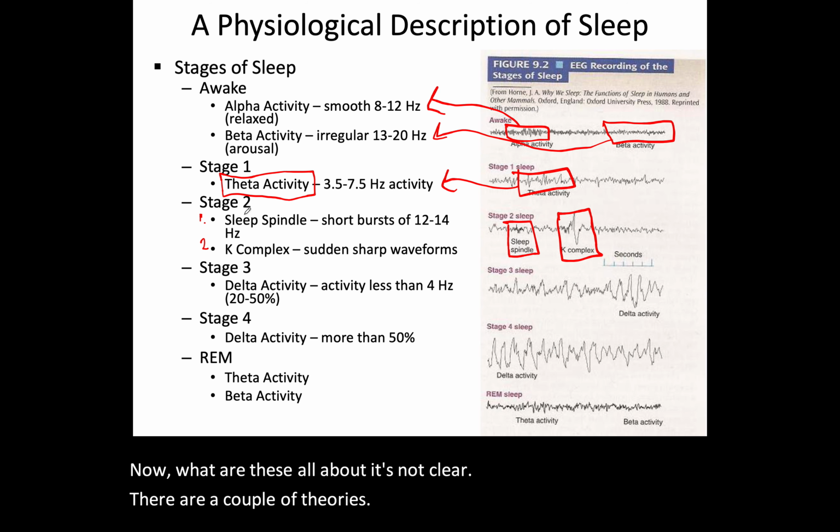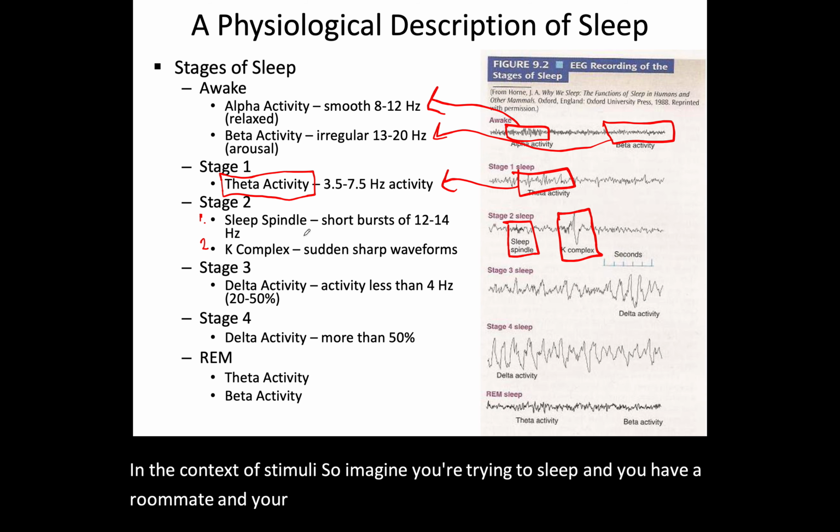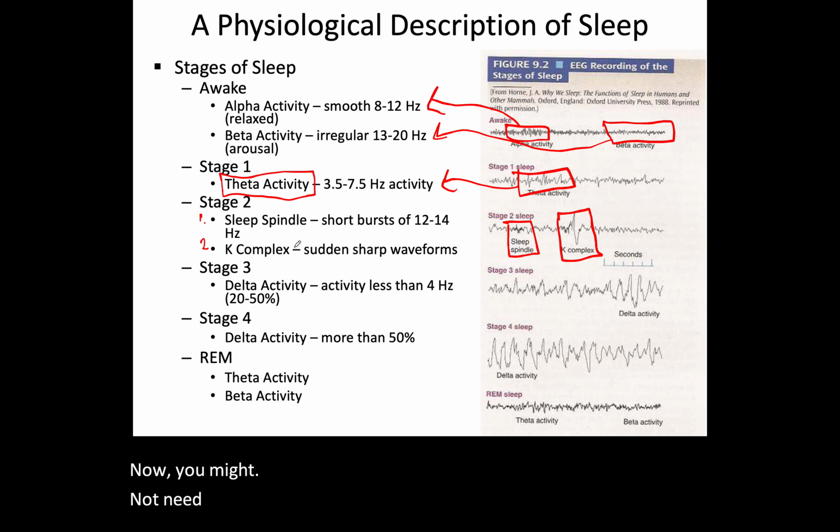One is that these are part of a system your brain has to keep you asleep in the context of stimuli. So imagine you're trying to sleep and you have a roommate, and your roommate comes in and opens the door, and there's some sound. Now, you might not need to wake up for such a sound, but your brain is still monitoring.